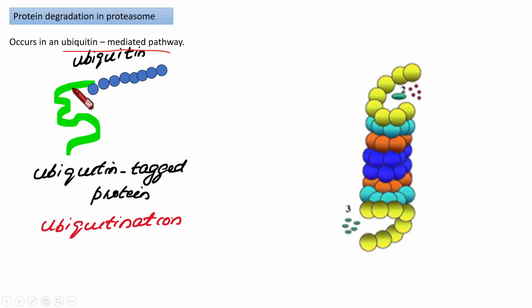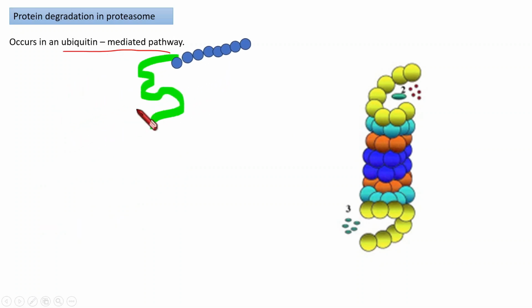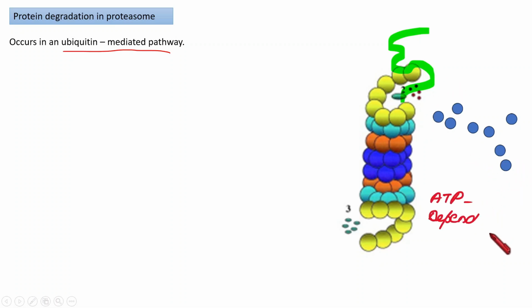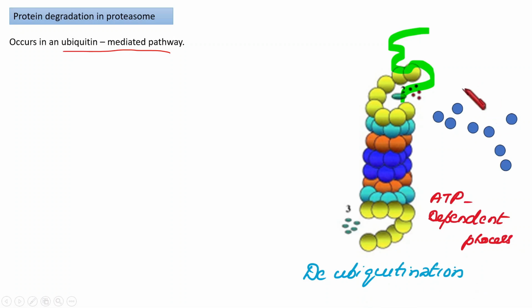As the protein gets tagged with ubiquitin, it moves towards the proteasome, and looking at that tag, the cap understands this is the protein that needs to be degraded. First the cap removes that tag. All the ubiquitin molecules are removed by the cap proteins, and it is an ATP dependent process. We call this process deubiquitination. The released ubiquitin is again recycled to tag another protein to be degraded.